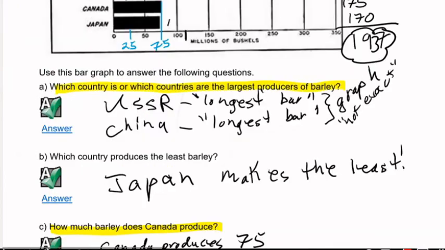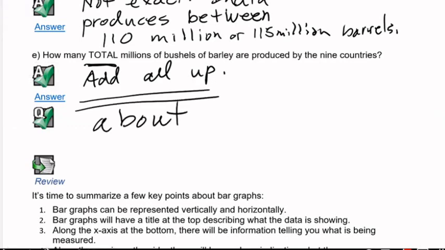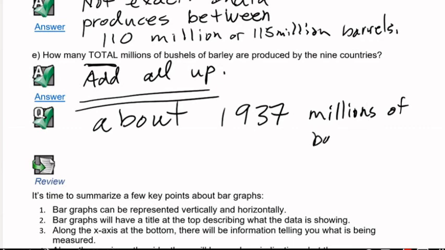So that would be our total. So if I was looking at this, I would say, how many is totaled by all the countries? I would say the totals are about 1,937, and you need to say millions of barrels.